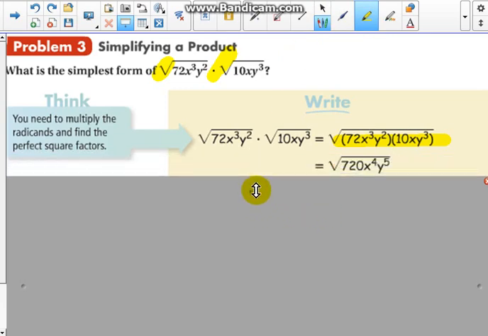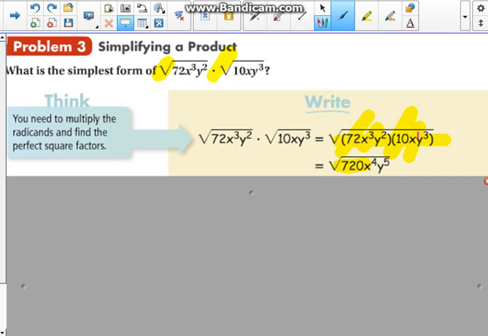And now you want to do the math. So you have the 72 times 10, which is 720, and the x cubed times x. Well, you just add the powers, right? Because it's like x to the 1. x to the 3 times x to the 1 is x to the 4th. And then y squared times y cubed, you keep the base and add the powers.